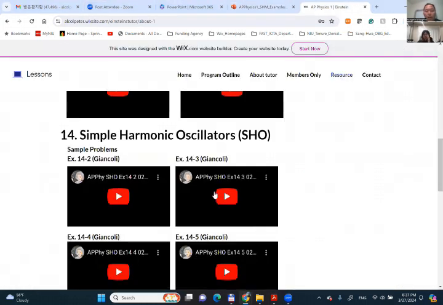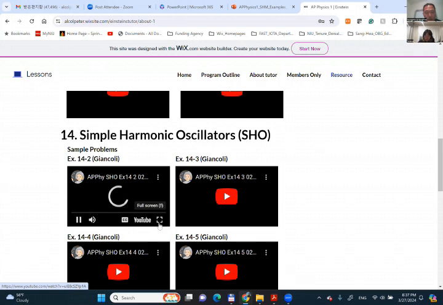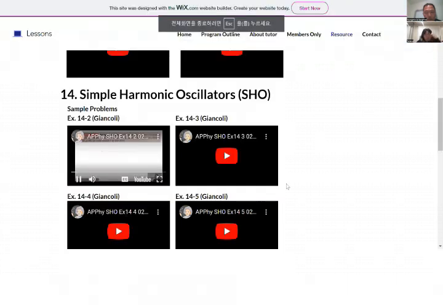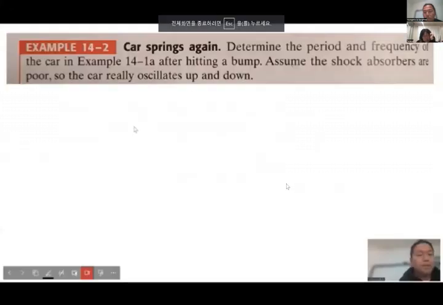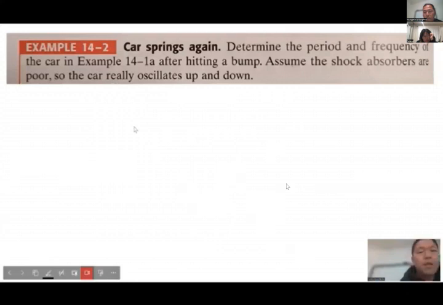Okay, let me switch that. Okay, example 14-2, car springs again.